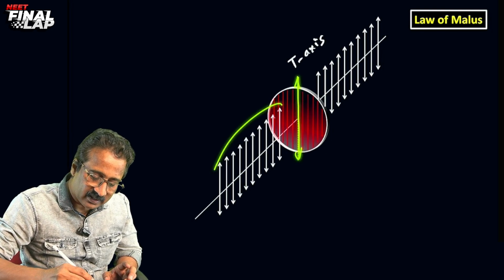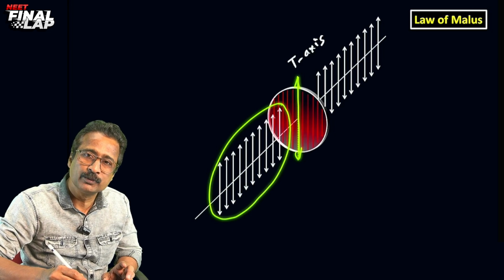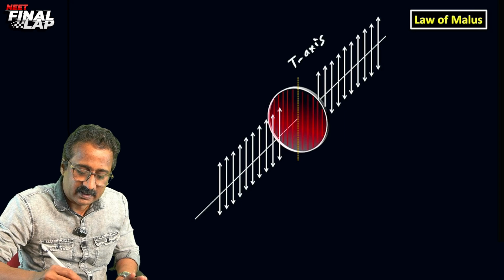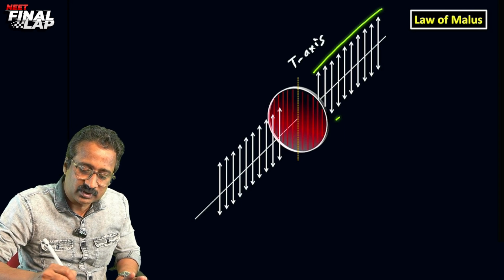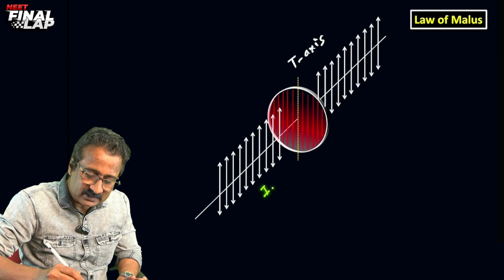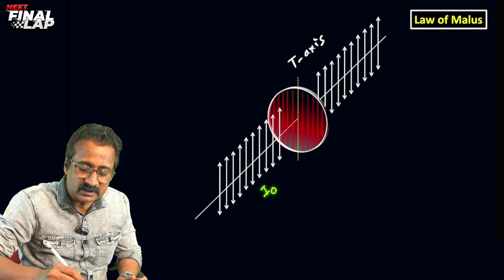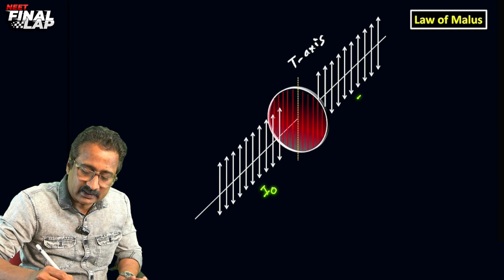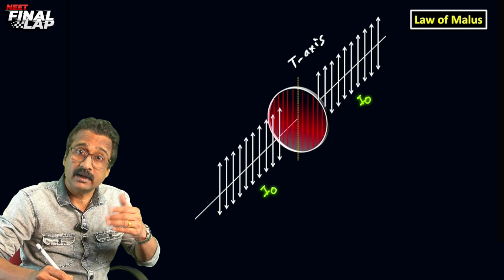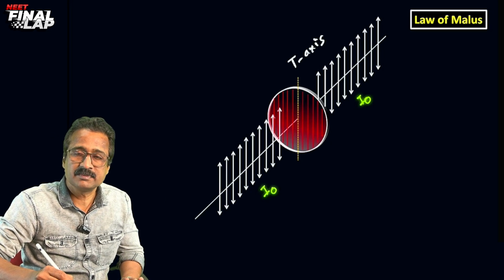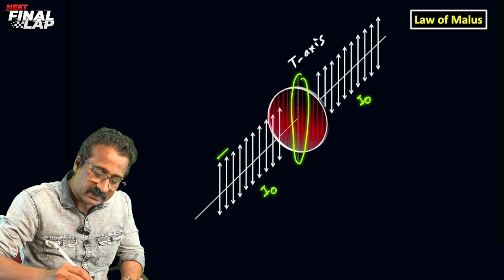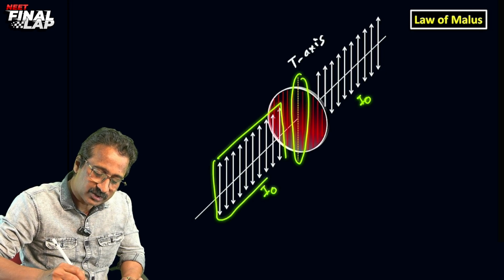This incident light has vibrations only in that direction. So without any loss of amplitude or intensity, the complete oscillations will be transmitted through the material. So if I0 is the intensity of light falling on the Polaroid, then the entire intensity of light is being transmitted also. You can see that it is again I0, that is the light transmitted out, as long as this transmission axis is parallel to the plane of vibration.